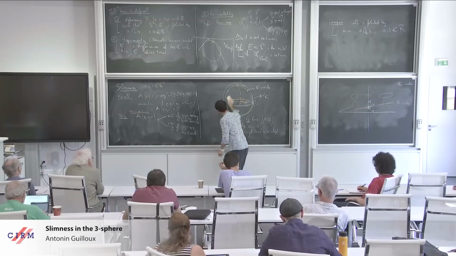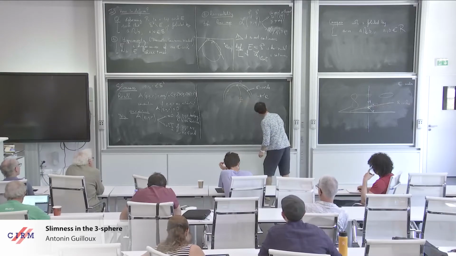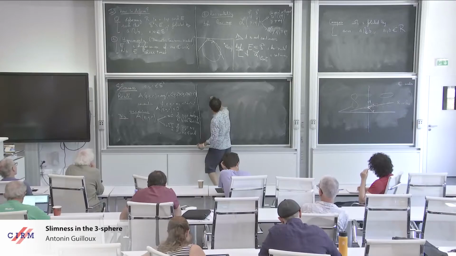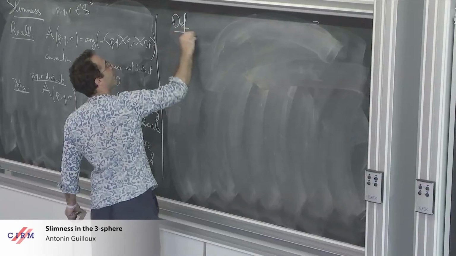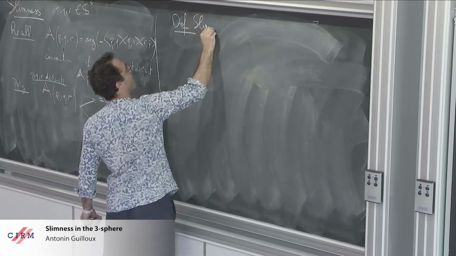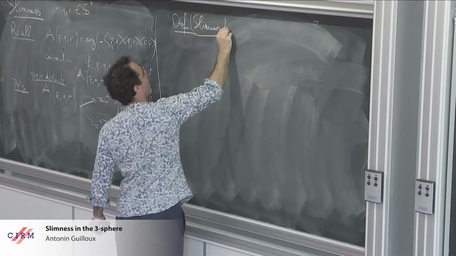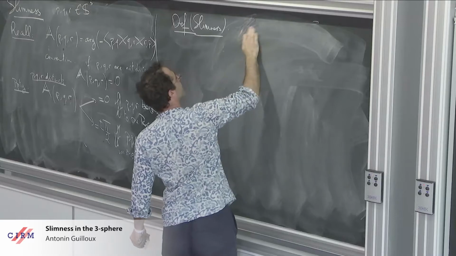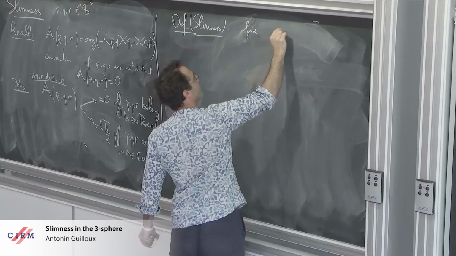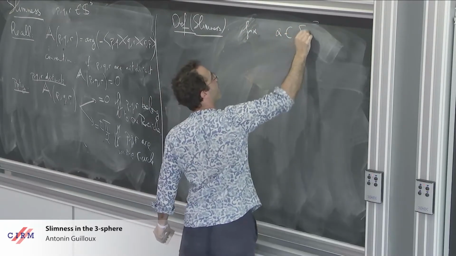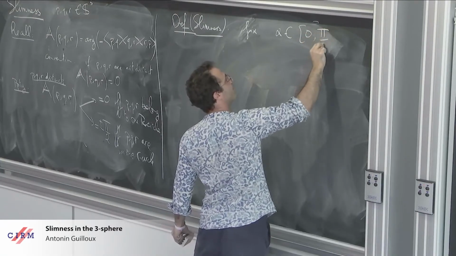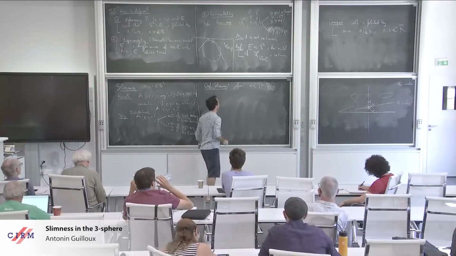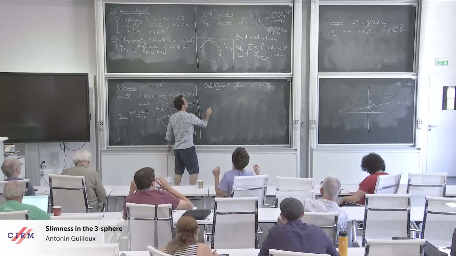So, now, definition of slimness. A set E, so fix some angle alpha positive and smaller than pi over 2. This will be a Cartan invariant.